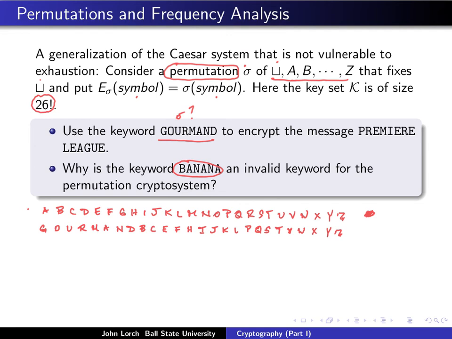So sigma, our permutation, takes the top row of symbols to the bottom row of symbols.